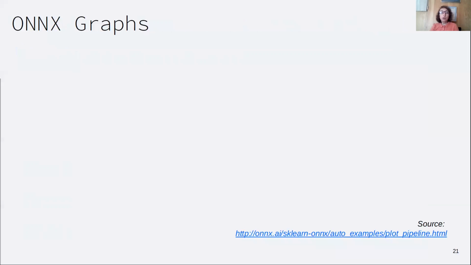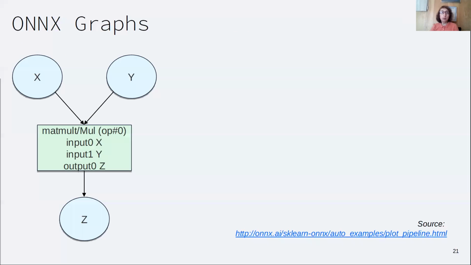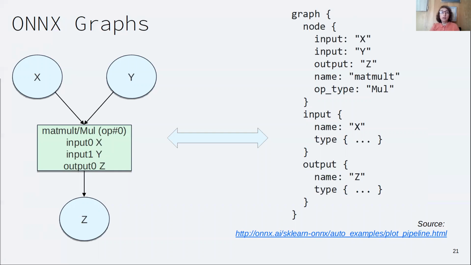And how does it work internally? How does it represent models? Well, there is the ONNX graph, which is a directed acyclic graph, which has information about operations. And if we express it in JSON, it looks like that.